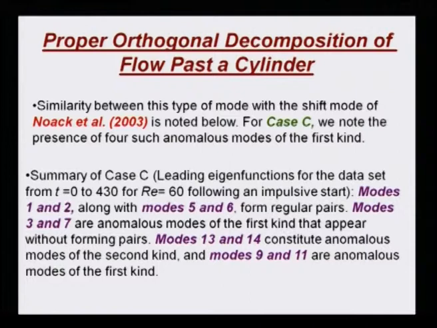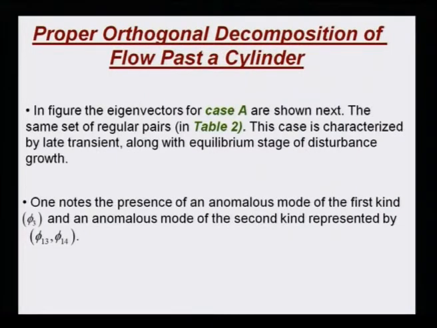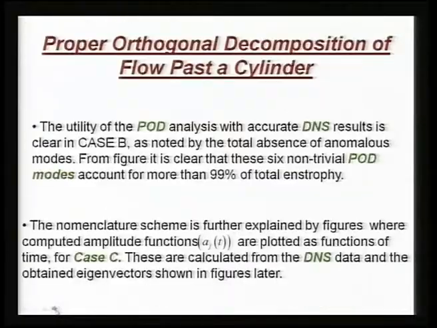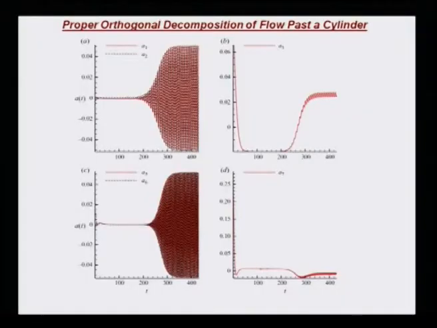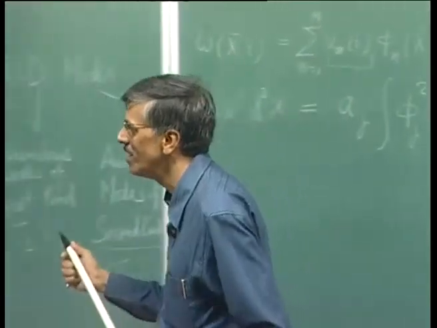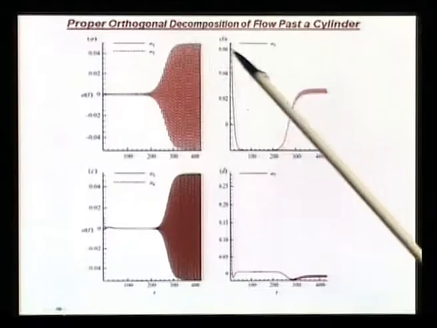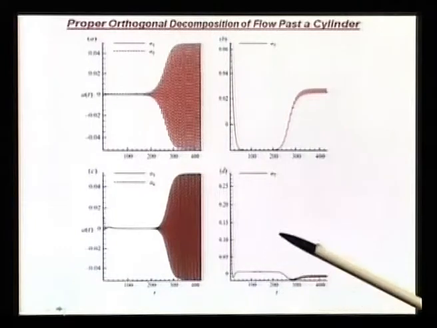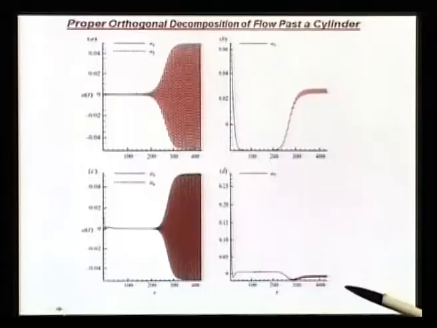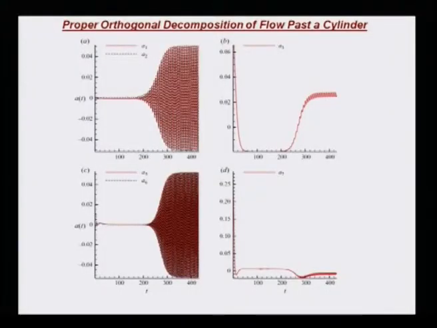Modes 13 and 14 are somewhat different, and that difference is obtained by noticing this. I will show you what they would look like. These are those A_j's that we can obtain from here. This is your A1 and A2 plotted together, and you see they form such a nice pair. They complement each other, time shifted.